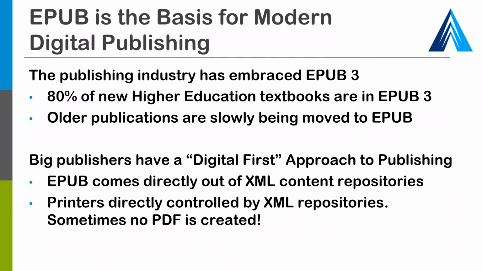So the publishers have a digital-first publishing system that allows them to print directly to printers. So many times today, there's no need to go to a PDF. A PDF doesn't exist. And of course, from those XML repositories, they produce directly the EPUB version. Next slide.